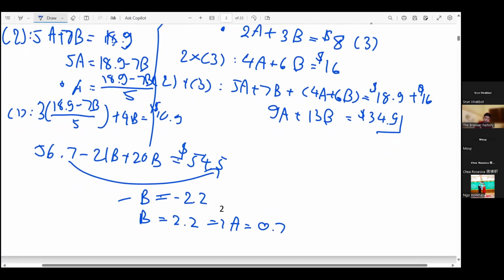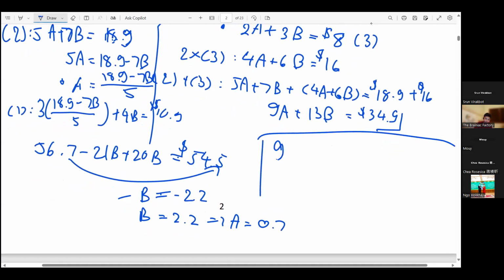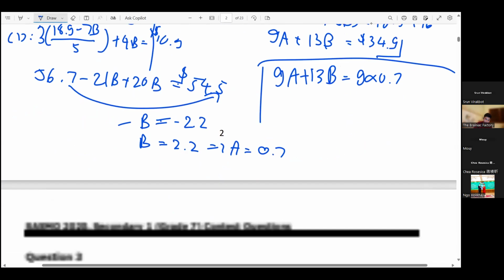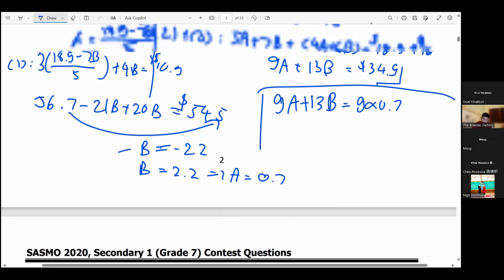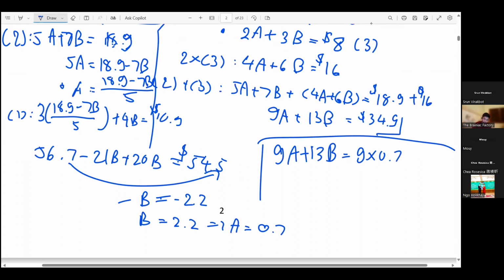And you can just substitute that to what they're asking, which is 9A plus 13B. 9 times 0.7 plus 13 times 2.2, which you'll get the same answer, $34.9.